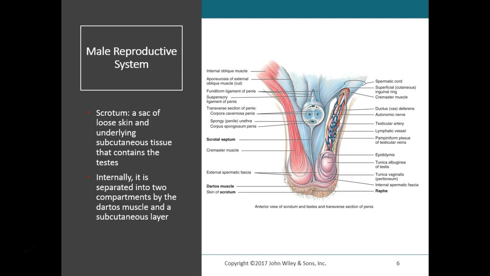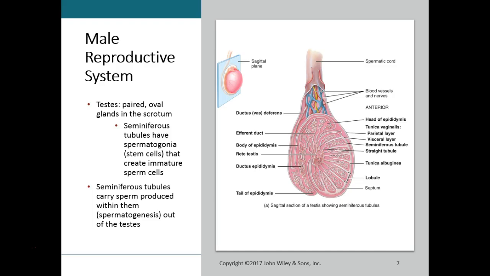But if the body is in cold temperatures, the cremaster muscle and the dartos muscle contract, and that contraction pulls the testes closer together, and the cremaster, being the suspender muscle, pulls the scrotum up closer to the body so that it is closer to the heat within the abdominal cavity.